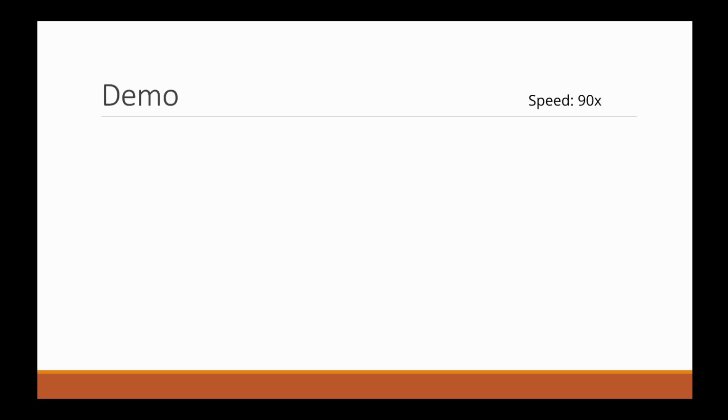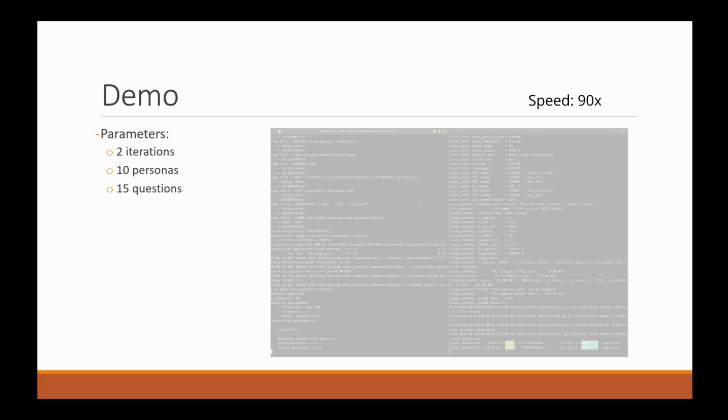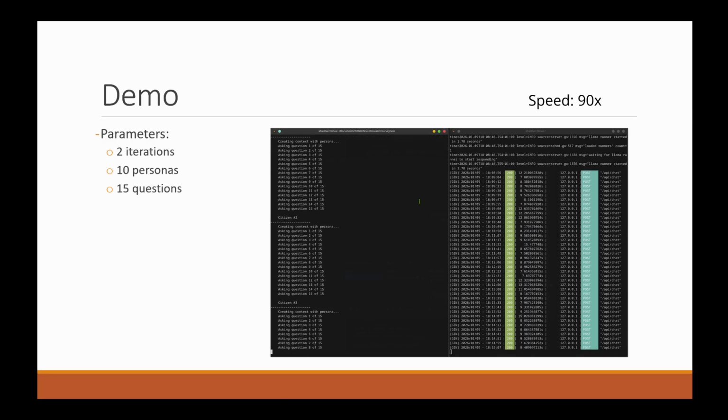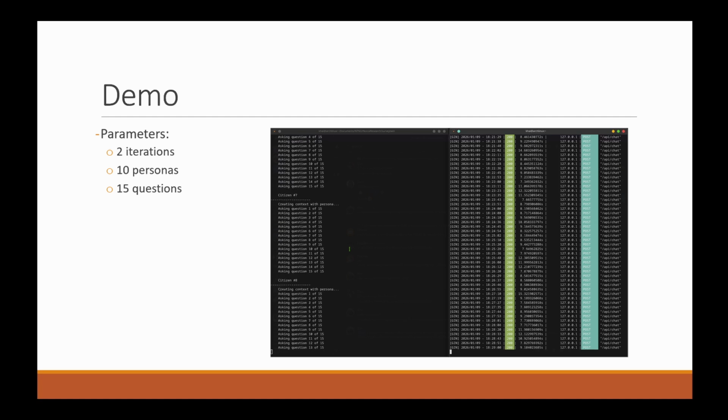For this demonstration, we are running a limited simulation with just 10 personas and 15 questions running for 2 iterations. On the left side, we can see the interviewer in the framework asking questions to the citizens. And on the right side, we can see an instance of the Ollama server running, which demonstrates when the LLM is getting a new request from the citizens.